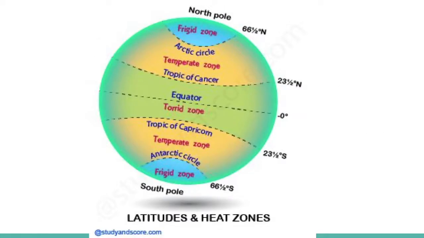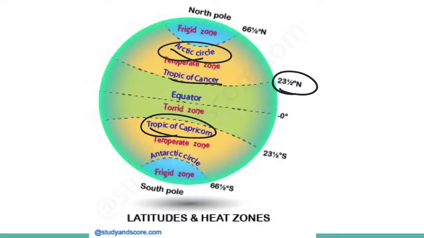There are 4 important parallels of latitude. They are the Tropic of Cancer, which is 23.5 degrees north in the northern hemisphere, the Tropic of Capricorn, which is 23.5 degrees south in the southern hemisphere, the Arctic Circle, which is 66.5 degrees in the north, and the Antarctic Circle, which is 66.5 degrees in the south.